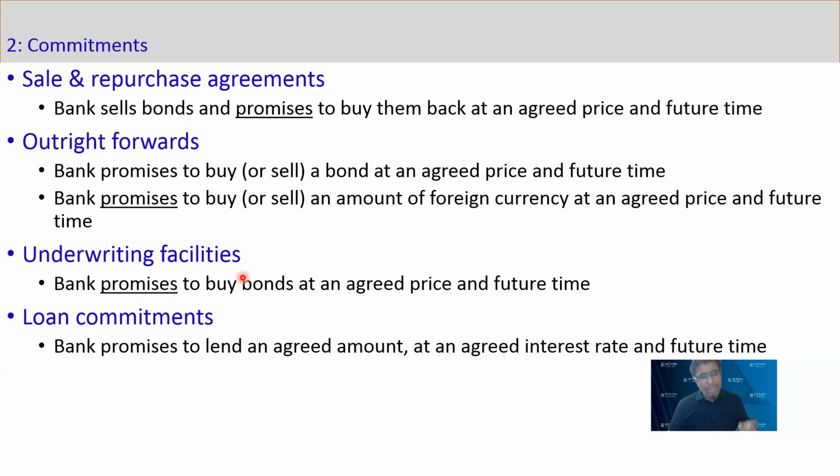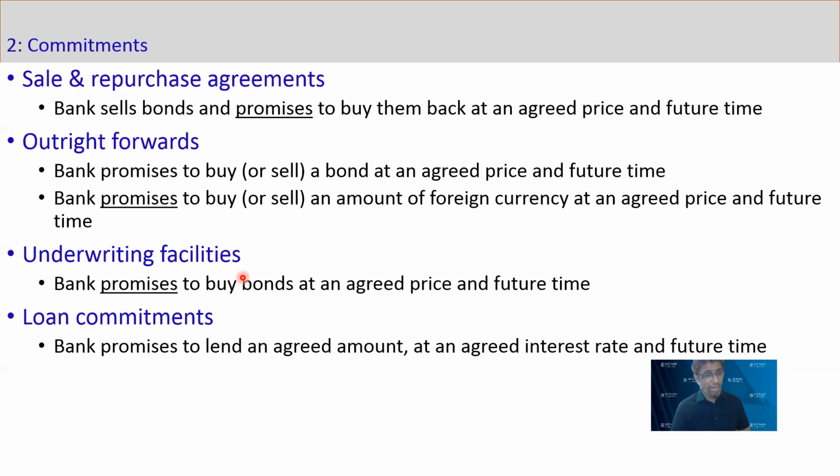Now, why is it off balance sheet? Because you just promise. If a company is going to go public next year, which means they want to file with the Securities Commission next year, they want a bank from now to promise that they will buy their stocks, the initial public offering.